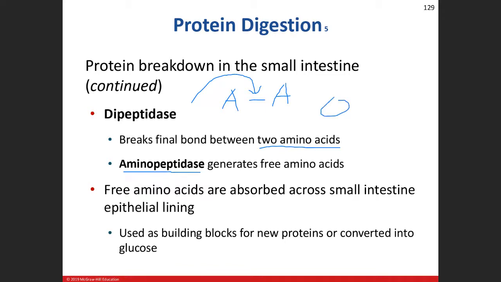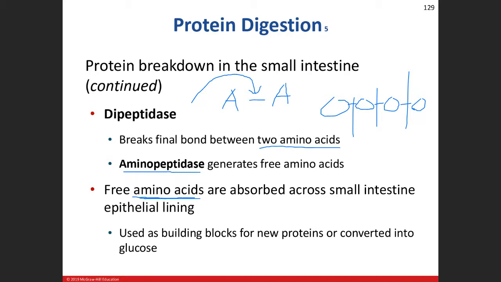If you have a peptide that is, I don't know, 4 amino acids long, it just starts to cleave off individual amino acids. So again, our goal is to get down to the building blocks of proteins, which are these individual amino acids.